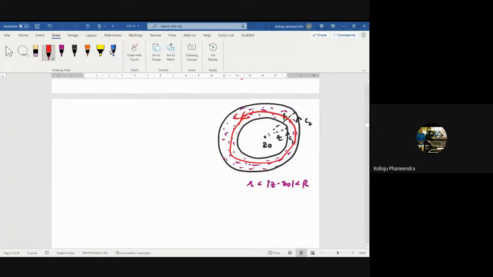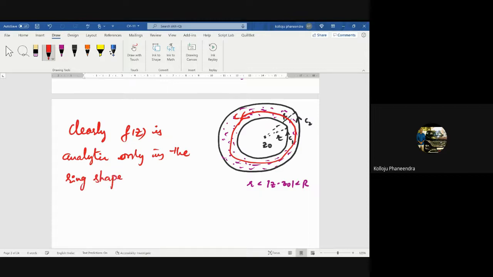Now see the points here. Clearly, f of z is analytic only in the ring shaped region, but not at z equal to z naught.